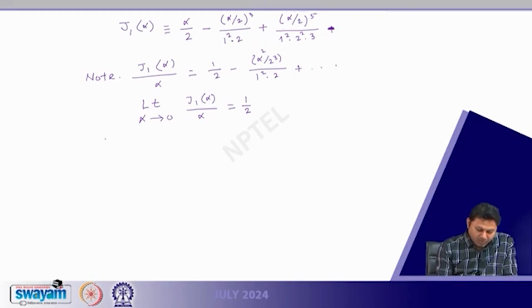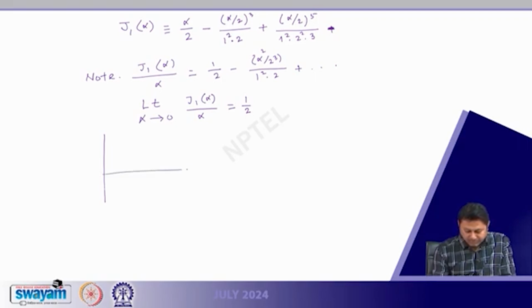So, when we plot J1, the first order Bessel function, it goes from 0. If I plot this, it will be like this.